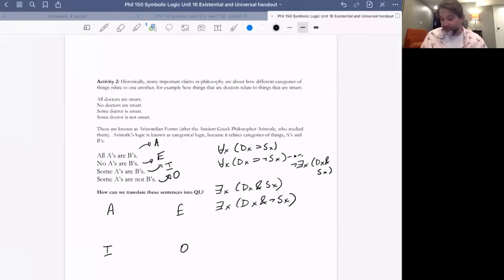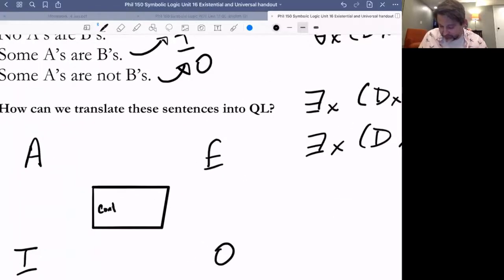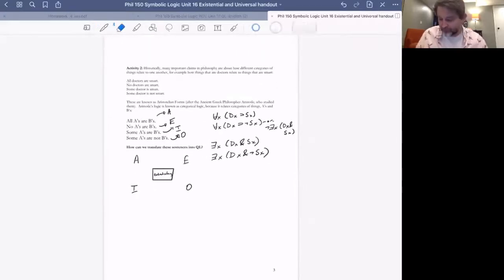So the first thing to notice is that the sentences that lie on opposite corners from one another are contradictory. Okay? So they're contradictory, and what does that mean?